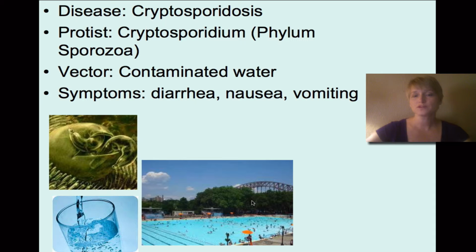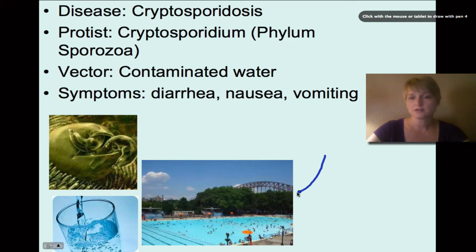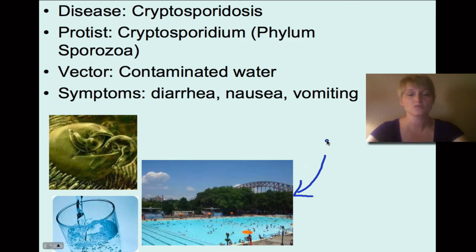And this is one of the reasons why public pools check their water so often, and they make sure that their chlorine levels are high. This particular protist is not killed readily by chlorine, so they have to check the pools often to make sure that this protist is not in the water.